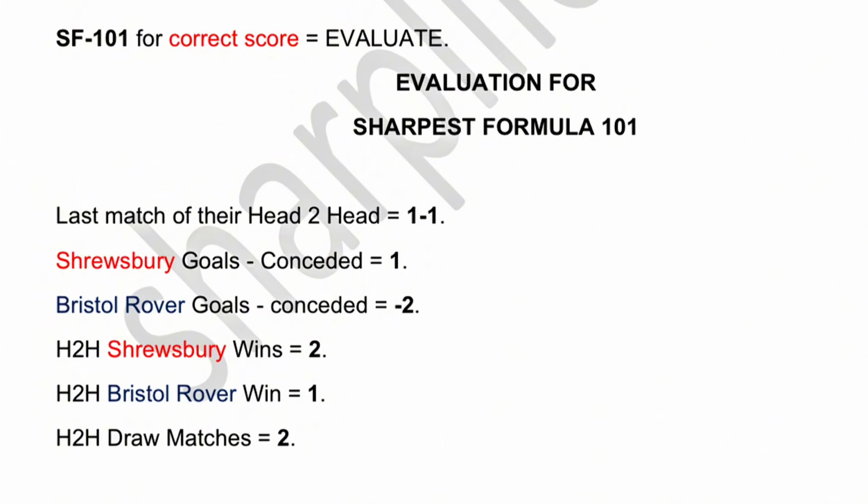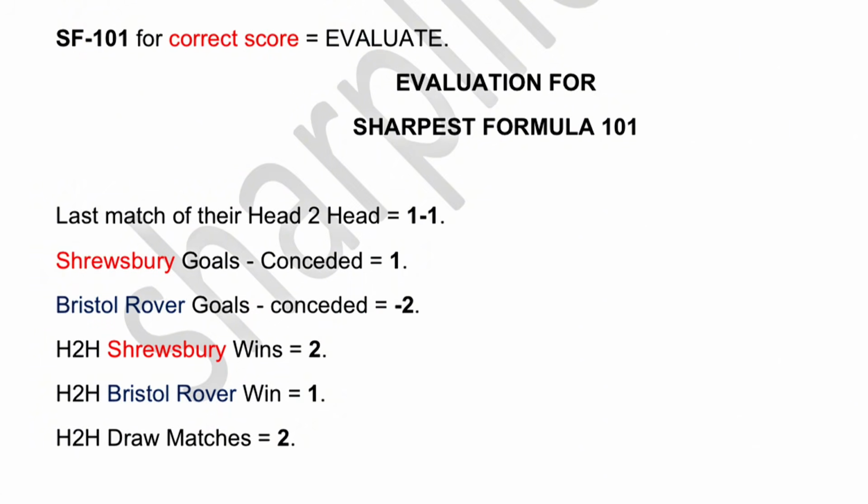Now, Strawberry goals minus conceded remain 1. Bristol Rovers goals minus conceded remain minus 2. Now, head-to-head of Strawberry is 2 wins. Head-to-head of Bristol Rovers is 1 win, which means in last 5 matches of these 2 teams, Strawberry has 1 goal, Bristol Rovers has minus 2 goals.